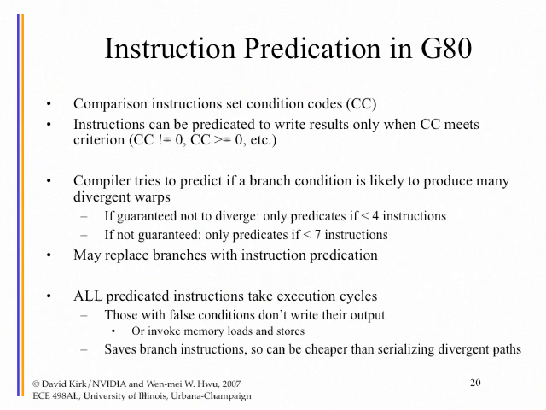Instructions can be predicated to write results only when the condition code meets the criteria, such as condition code is 0 or condition code is greater than 1 and so on. Then the compiler tries to predict if a branch condition is likely to produce any divergent warps. If it is guaranteed not to diverge, it only predicates if there are fewer than 4 instructions. If it's not guaranteed, it only predicates if there are fewer than 7 instructions.